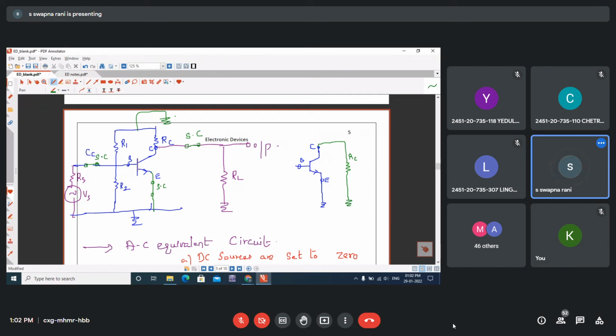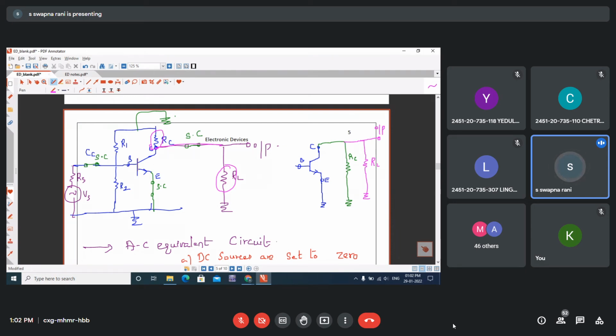And if you look at the other one, this is one resistor connected to the collector and this is another resistor connected to the collector only. So the RL position will remain the same. Now RC and RL come in parallel, and this is the output.